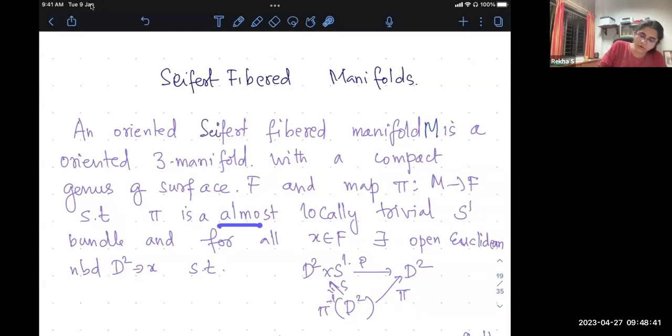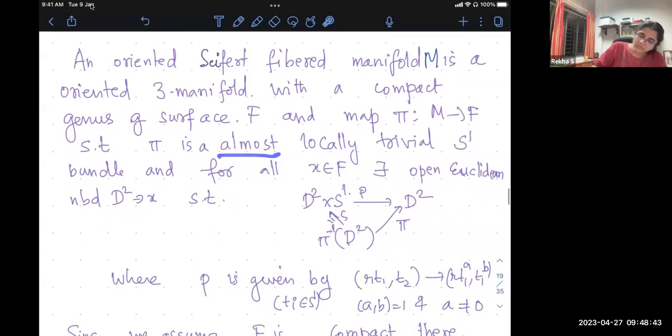But what does this "almost" mean? Around every point in F there is a Euclidean neighborhood, like a disk, such that when I look at the pre-image of the disk, it looks like a trivial S1 bundle, but not quite exactly, in the sense that this is not a projection.